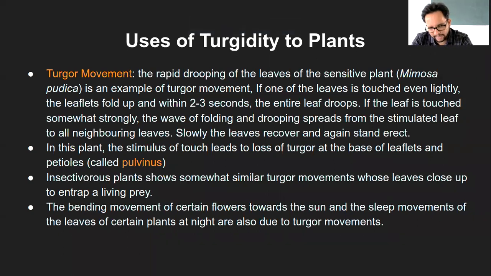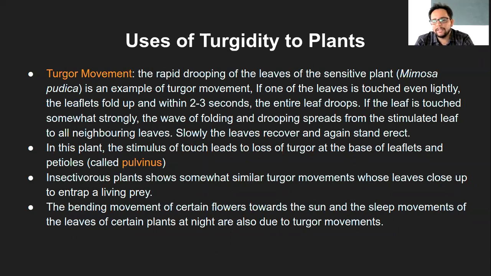And the third example of turgor movement is the bending of certain flowers towards the sun. Now the sunflower is the common example. We say it always faces the sun, and that is also related to turgor movement. As and when the water content is higher, it's upright, or in normal position, or facing any direction.